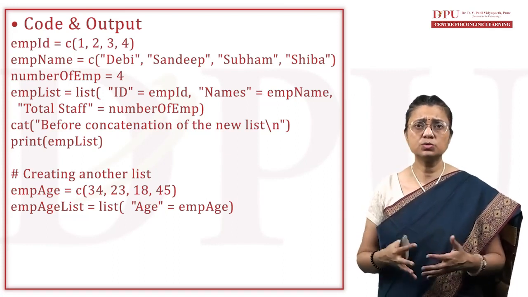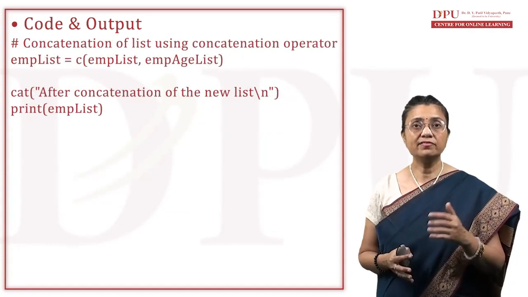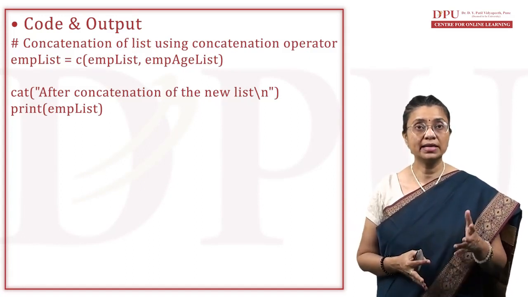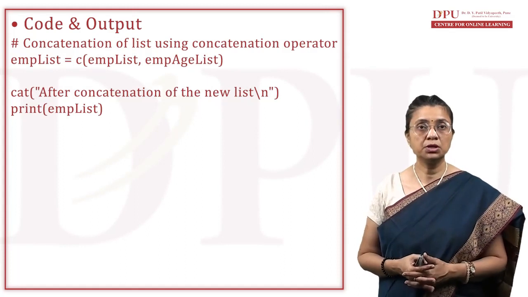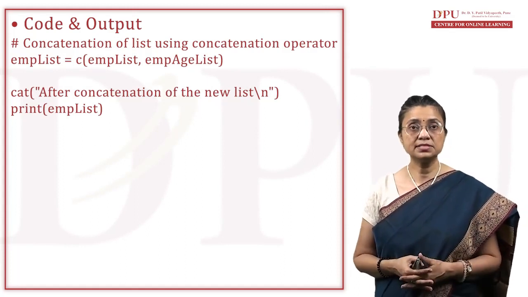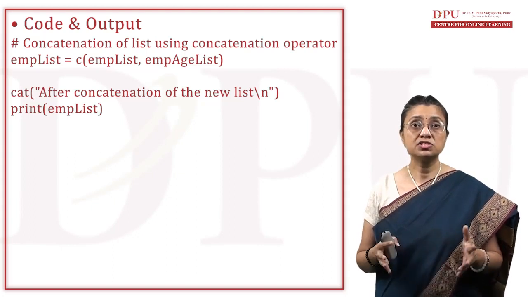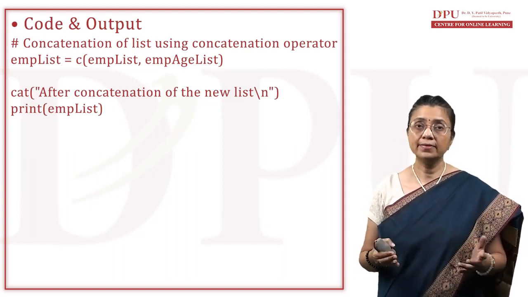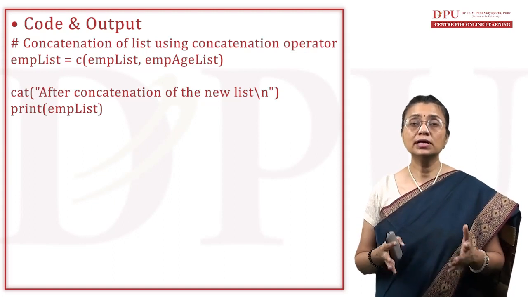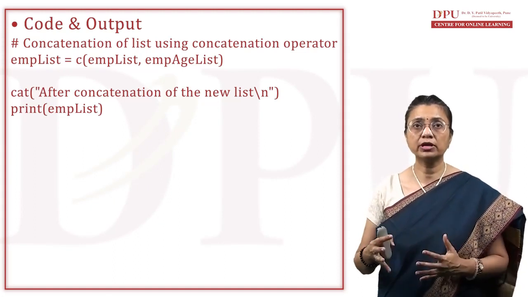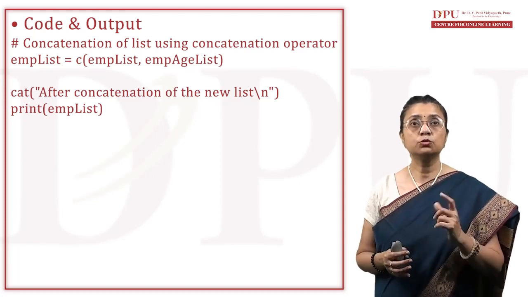So students, now it is very simple to concatenate. I have list and I have age list. Both the things I'm combining with the c function, which is equal to list. So you can see list is my final variable, which is restoring the entire list, which is my original list variable. And then I'm printing on the screen. So you can see the output in two colors. The first one is the black color for your clarity, because it is pertaining to the black code.